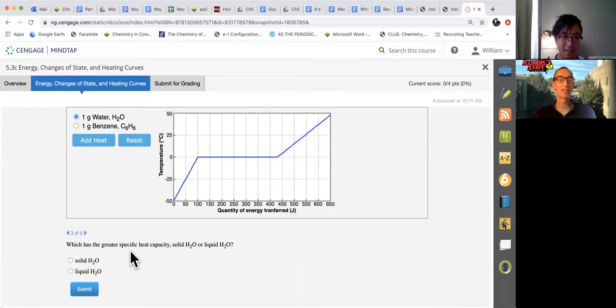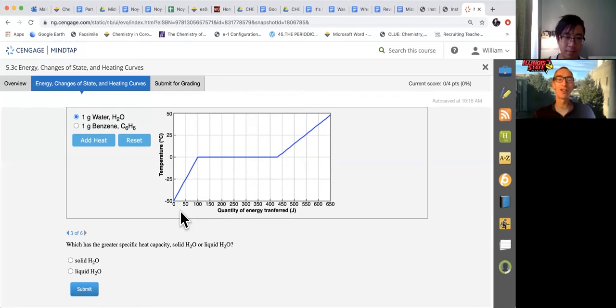Which has the greater specific heat capacity, solid water or liquid water? When I saw this question earlier today, I thought, I have no idea what I'm doing. But then I figured it out, so that was good. What they're really asking is, does it take more energy to heat up solid water than it does to heat liquid water up by a particular degree?